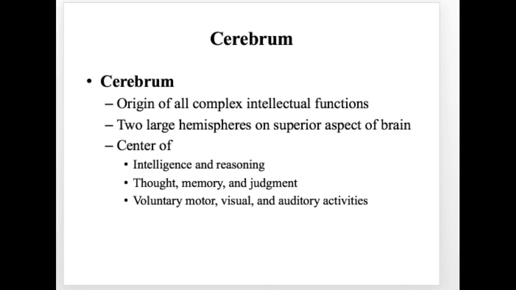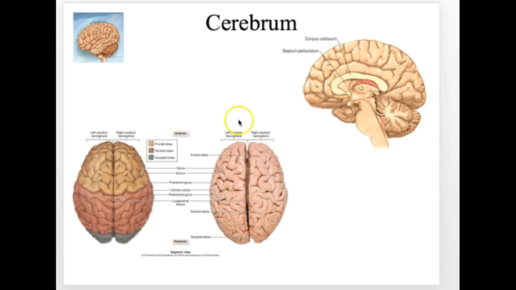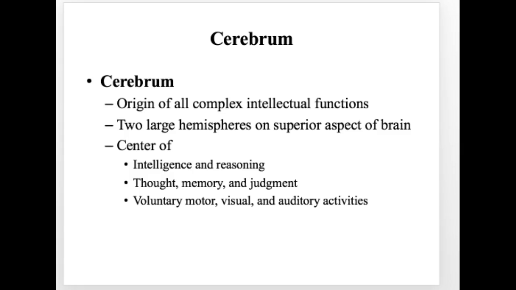Remember, there are two large hemispheres of the cerebrum, the left hemisphere and the right hemisphere, on the superior aspect of the brain. Again, as this is the origin of all complex intellectual functions, it's the center of intelligence and reasoning, thought, memory, and judgment, as well as voluntary motor, visual, and auditory activities.